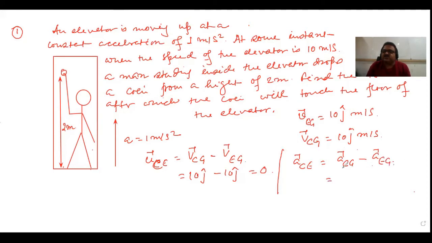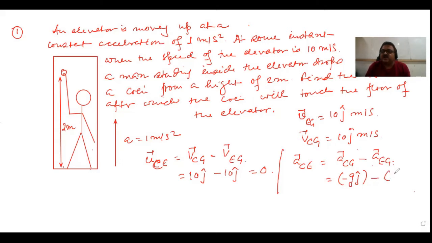What is the acceleration of the coin with respect to the ground? Now look, the coin is under free fall. It is moving down. So it is under the control of gravity, and that is nothing but minus g j cap. Correct? In free fall, g always acts downward and it is always negative. But what is the acceleration of the elevator? It is moving up.